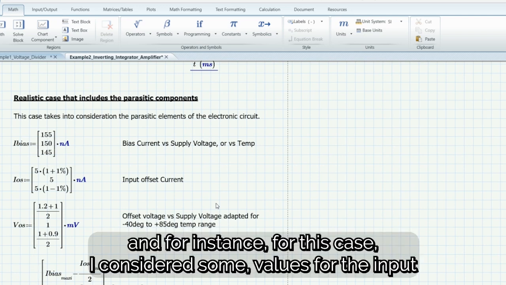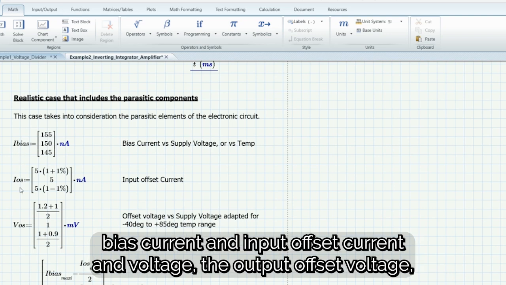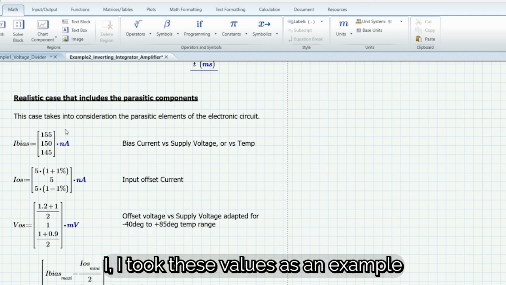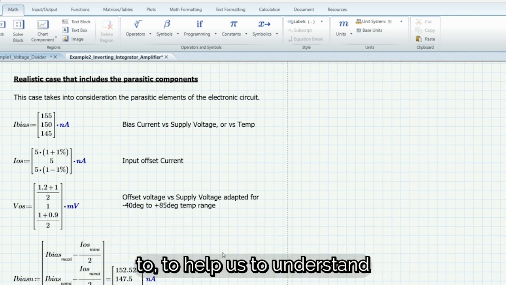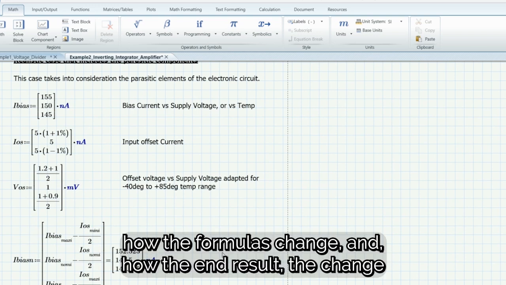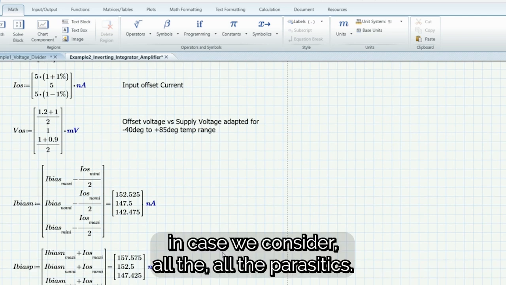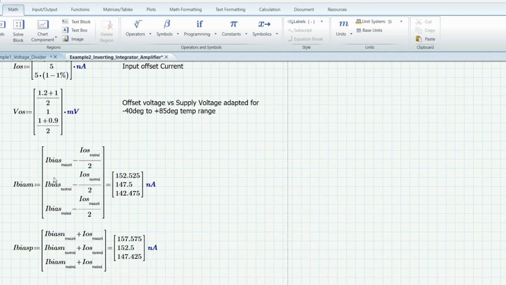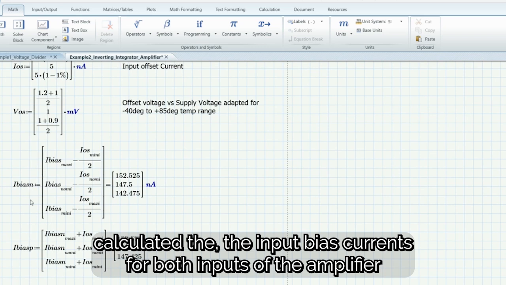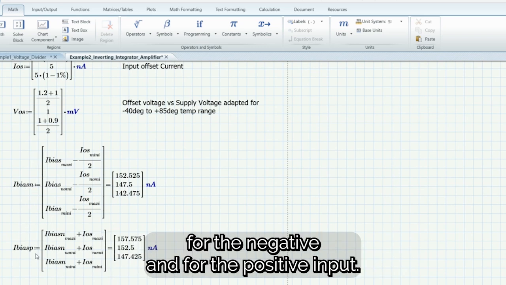For this case, I considered some values for the input bias current, input offset current and voltage, and the output offset voltage. I took these values as an example to help us understand how the formulas and the end result change in case we consider all the parasitics. And here I calculated the input bias currents for both inputs of the amplifier, the negative and the positive input.